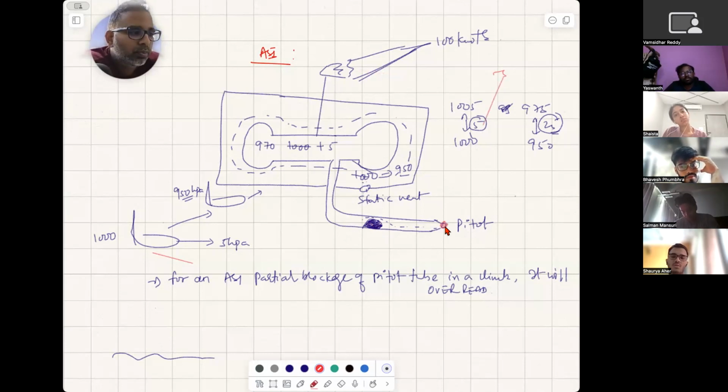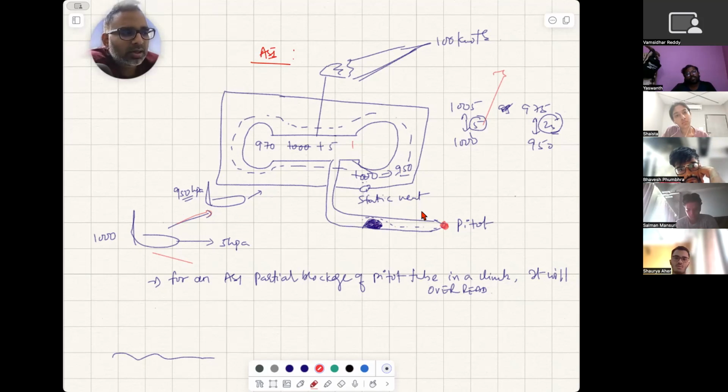Suppose this is completely blocked and you are climbing. Then inside it will remain 1005, it is stuck, and outside it becomes 950. Understood? So the point is, it is as much as you climb. And I'll take my word back.